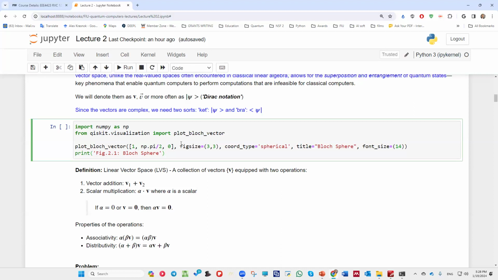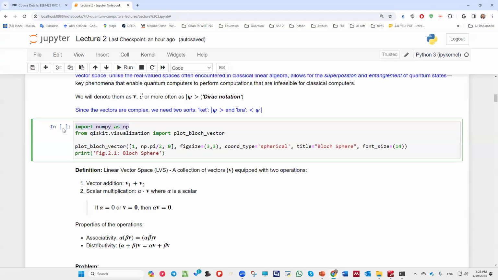Okay, so I said that a quantum system is described by a vector in the Hilbert space. And one way to present this is to use the so-called Bloch sphere.